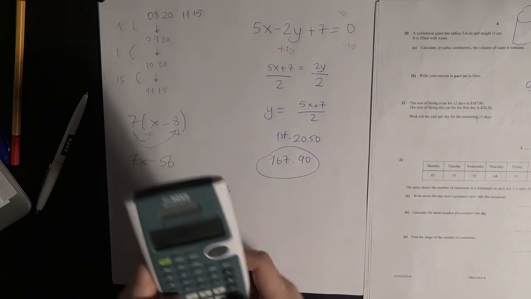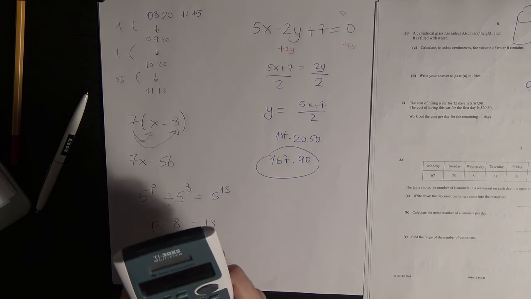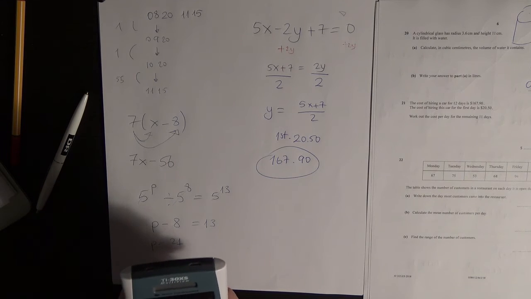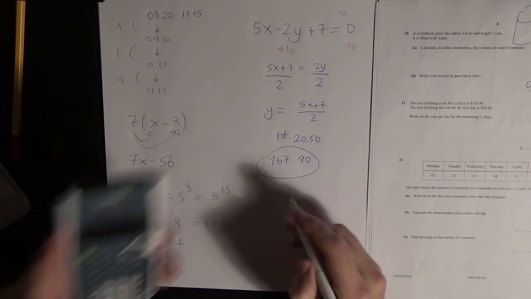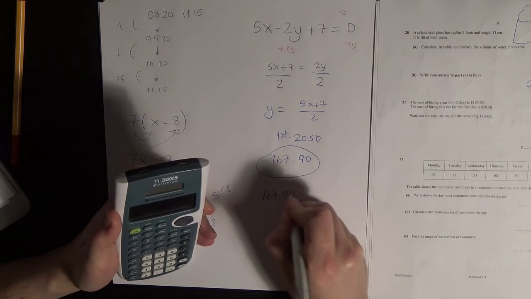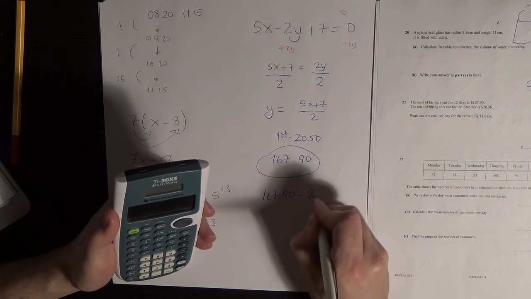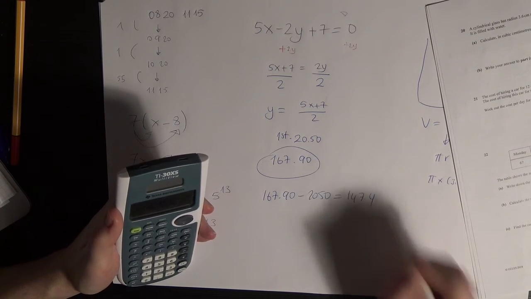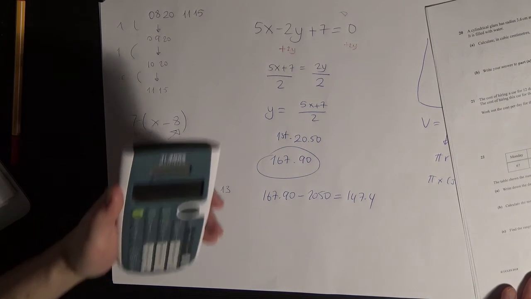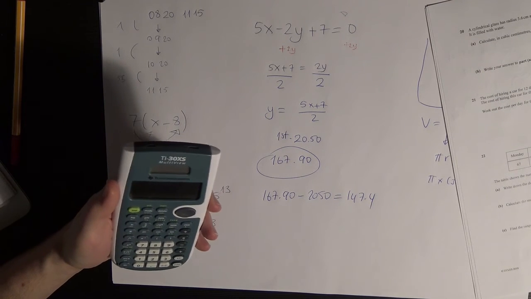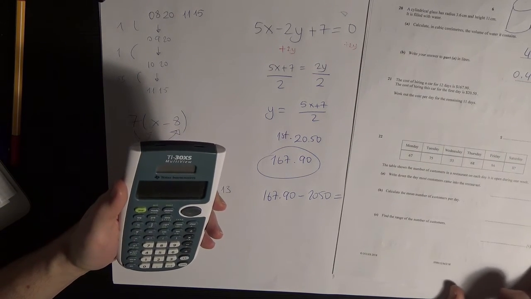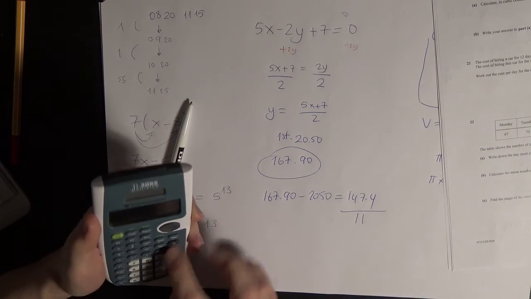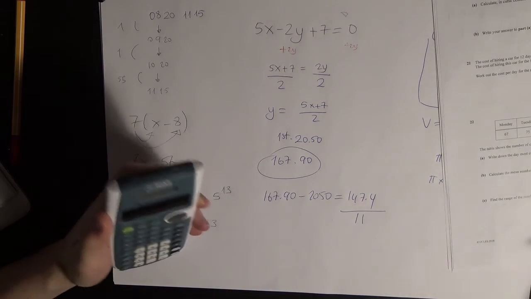Because that's the first day cost. $147.4 is the cost for 11 days, but it's asking the cost per day. So that means I need to divide this by 11. It is 13.4.